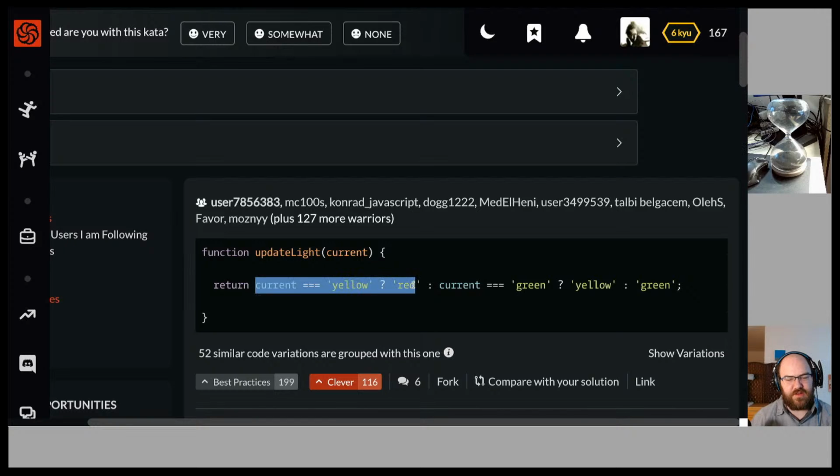Return current equal yellow, question mark, then either red or evaluate this case, current equal green, question mark yellow, otherwise green. Whew. That's not a very fun one to read.